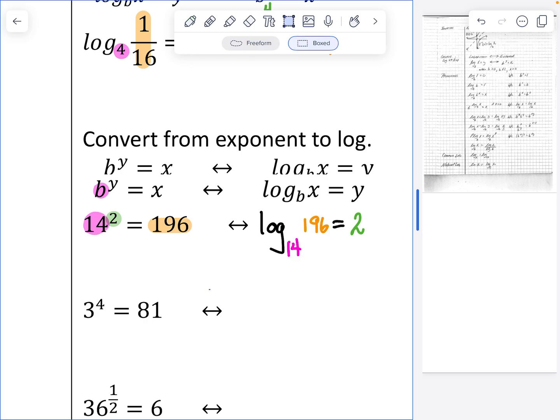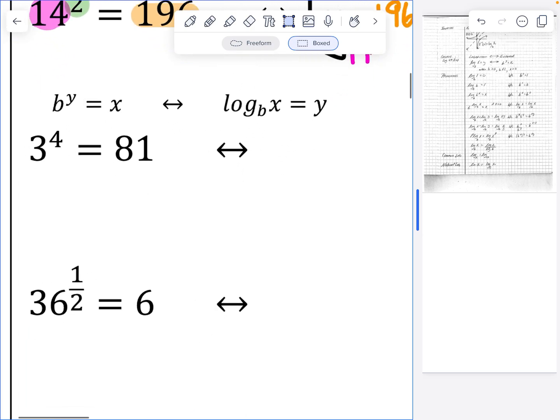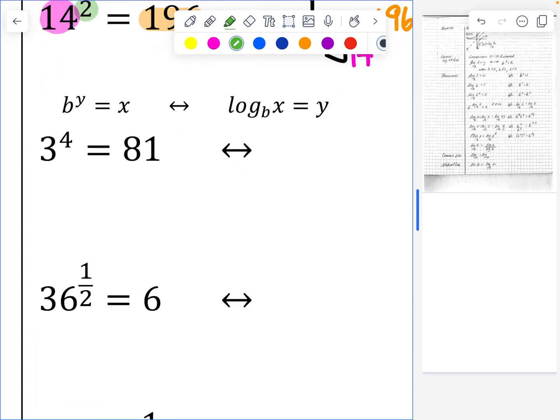So if we do that again, I'm going to follow the rule. And the rule is, if my base number is 3, then my base number will be 3. So I'm going to have a logarithm that has a base number of 3.